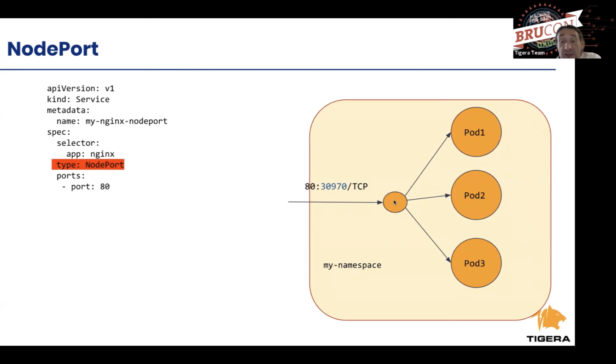We'll make sure there is a service definition. There will be a cluster IP that will be listening on port 80, as I mentioned. So the idea is exactly the same, but on top of this definition, we'll also make sure that the service is actually exposed on the Kubernetes node.